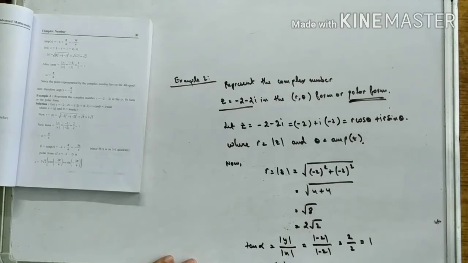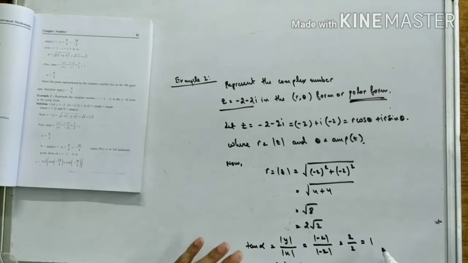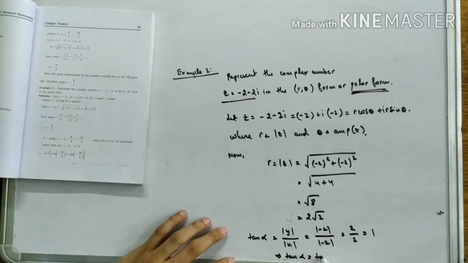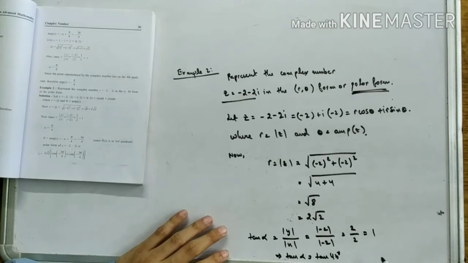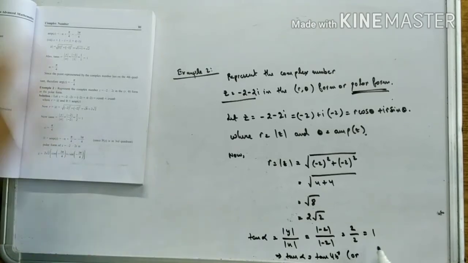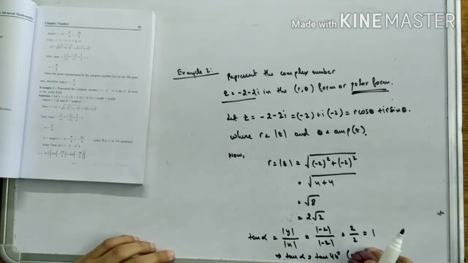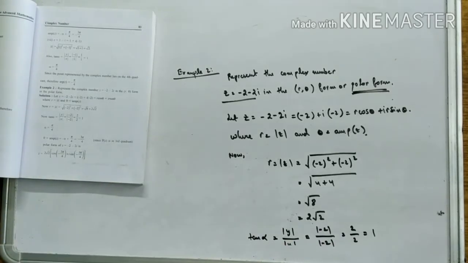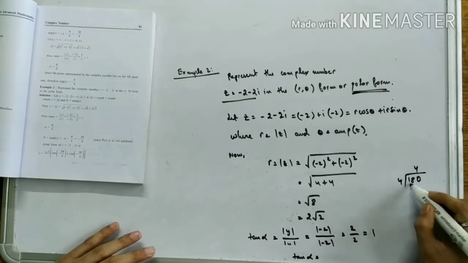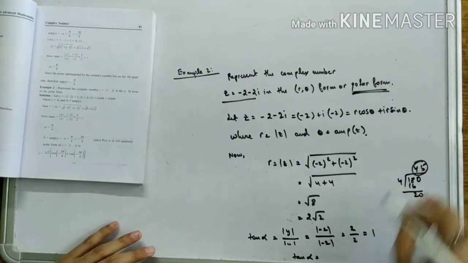So tan alpha is equal to tan theta, and 1 becomes, when theta is 45 degrees, tan 45 degrees. 45 degrees we can write as pi by 4, because if you divide 180 by 4, 4 fours are 16, you see 45 I get.